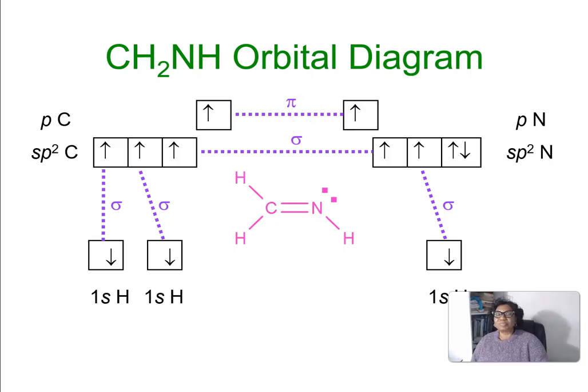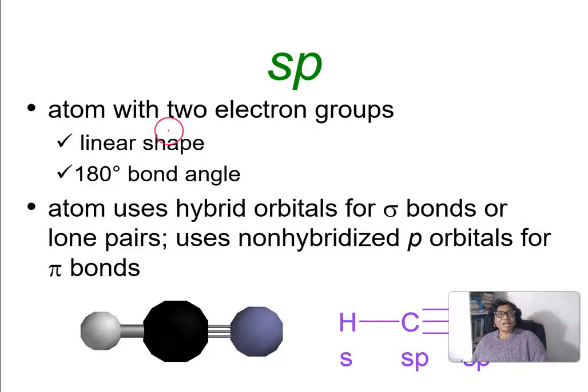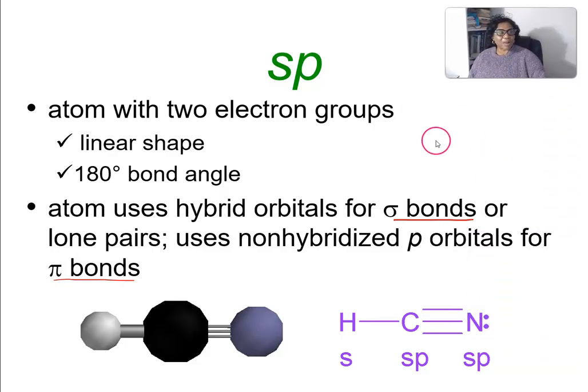Then let's look at sp. An atom with two electron groups, linear shape, 180 degree bond angle. The atom uses hybridized orbitals for sigma bonds or lone pairs, and uses non-hybridized p orbitals for pi bonds. So let's look at HCN. This is sp, this is sp.